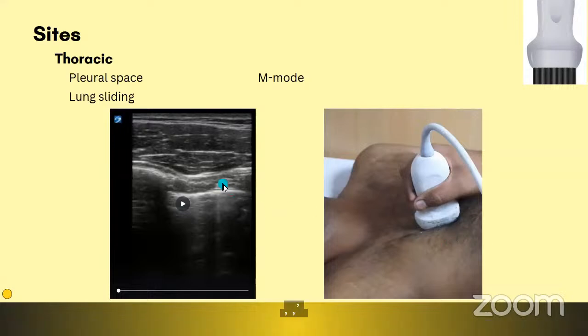So what happens, as we saw in the artifacts, we get something called acoustic shadowing. So we won't be able to appreciate the lung tissue. So in eFAST, we won't even consider the deeper tissues. We are more concerned about the pleural lining, the parietal as well as the visceral pleura. So we are using something called a linear probe here.